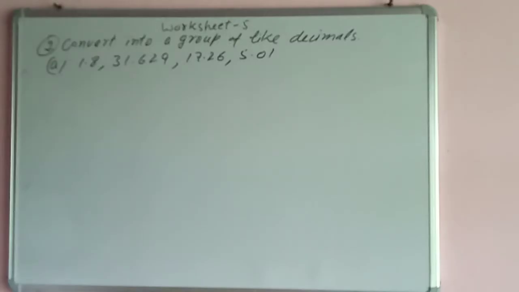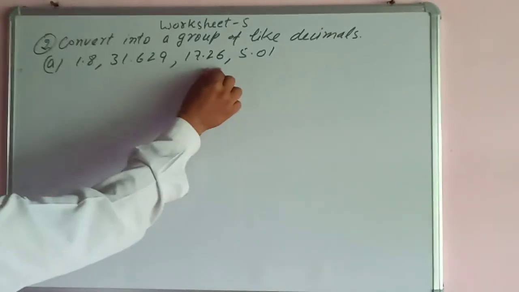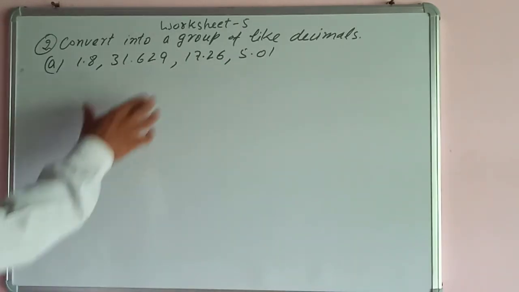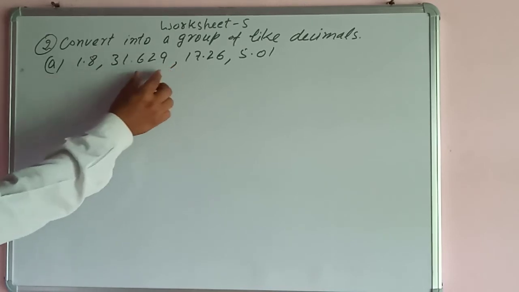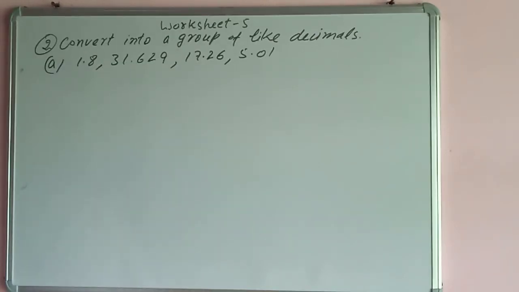First of all we count how many digits are in the decimal part. In the first decimal there is only one place in the decimal part. Here are 3, here are 2, and here is again 2. So we see that here are a maximum of 3 places in the decimal part. So we will convert all the given decimals into 3 places in the decimal part.